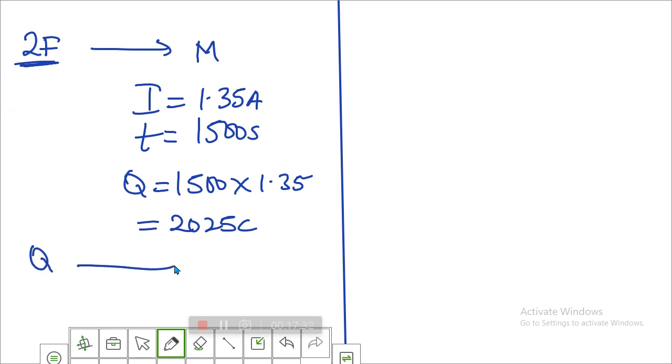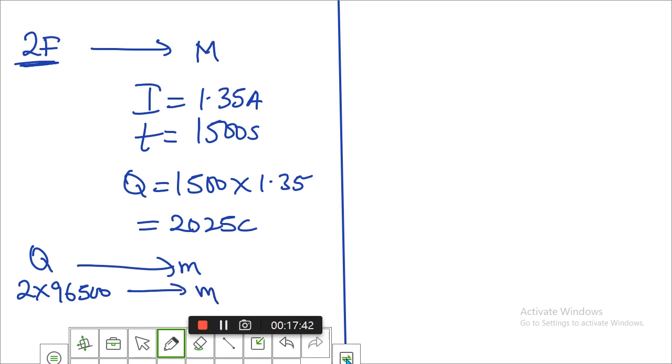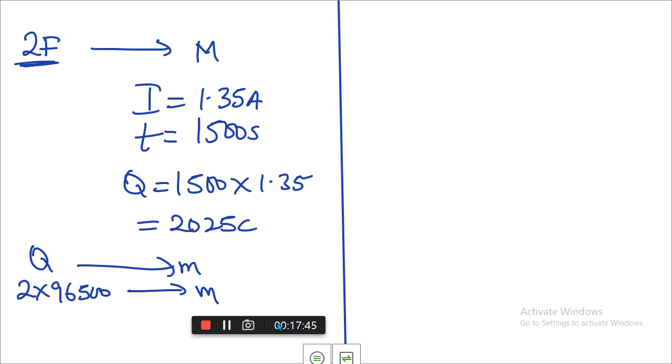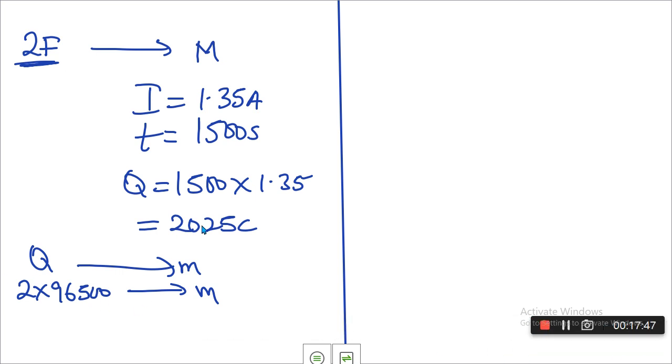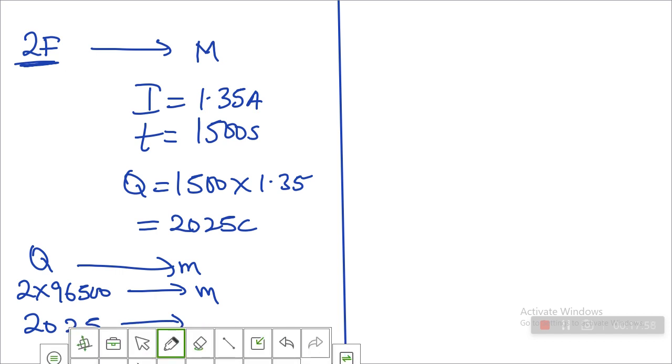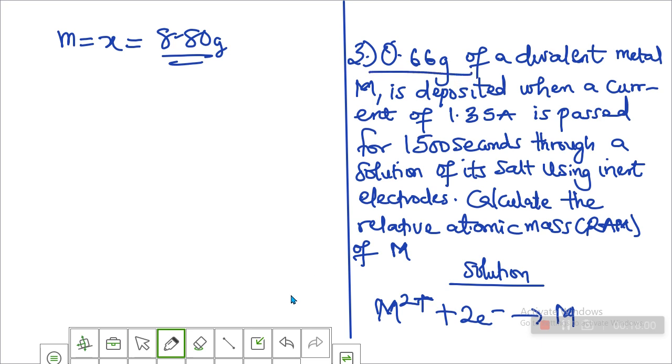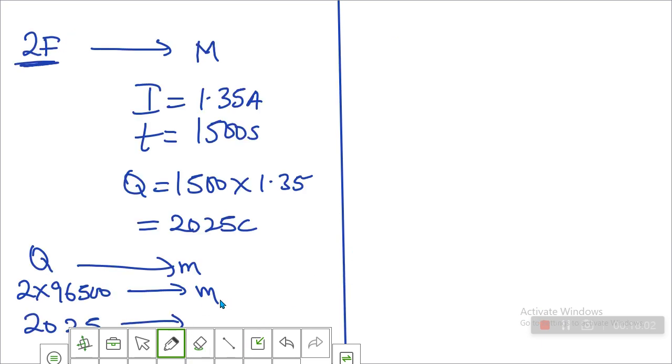Don't forget the way we do it: Q is equal to M. Now 2 farad, I told you, will be equal to the molar mass, and the molar mass is what we are looking for. Let's say the molar mass is M. We already have our Q, 2025, on this side. They've already given us the other mass, which is 0.66.